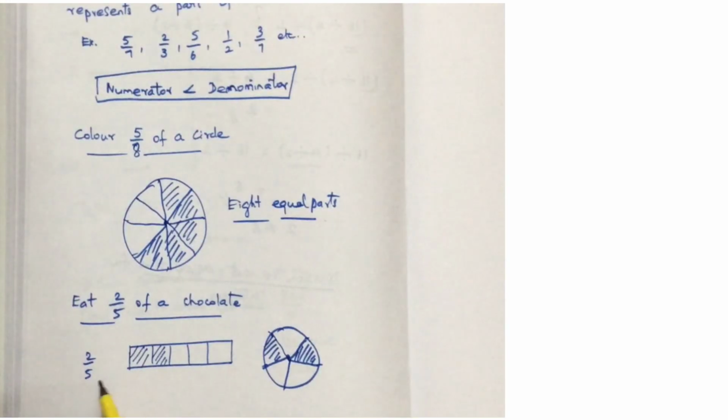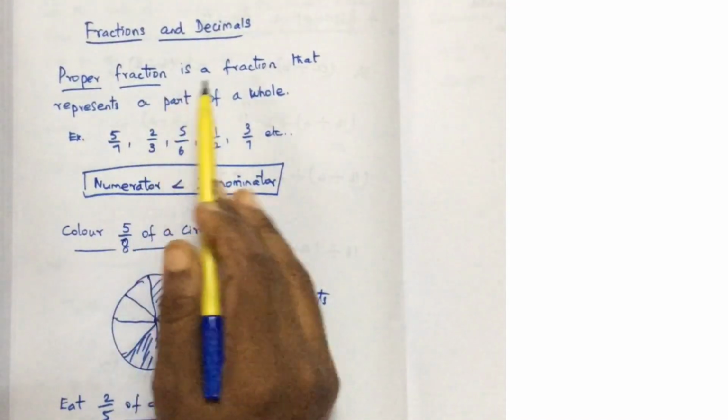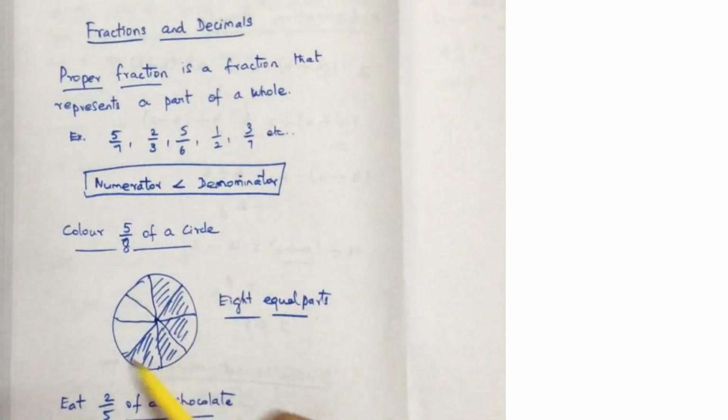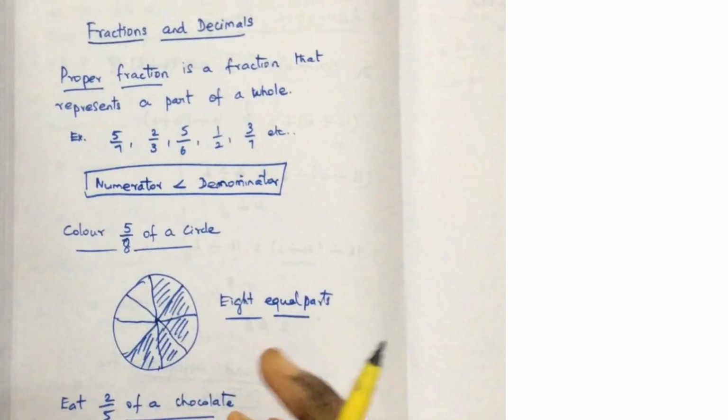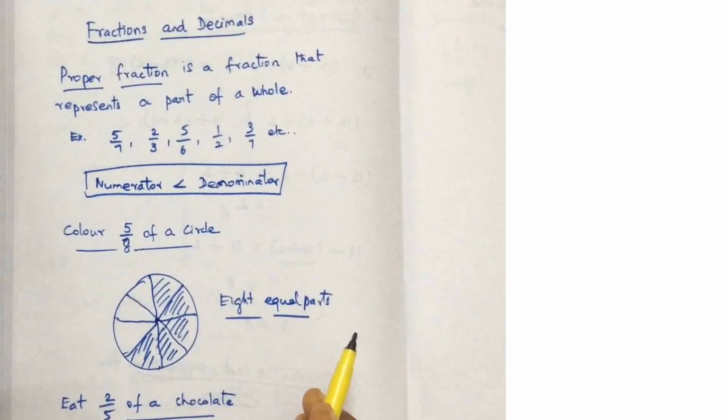While drawing, see what is the number in the denominator, split into equal parts and shade whatever is in the numerator. Proper fraction is a fraction that represents a part of a whole. This is the whole, and out of that whole, it represents only part of it. So this is called a proper fraction.